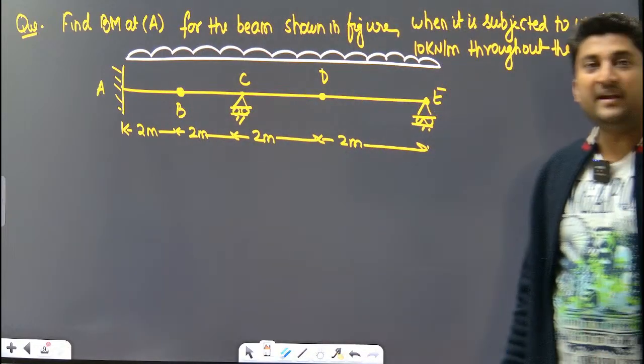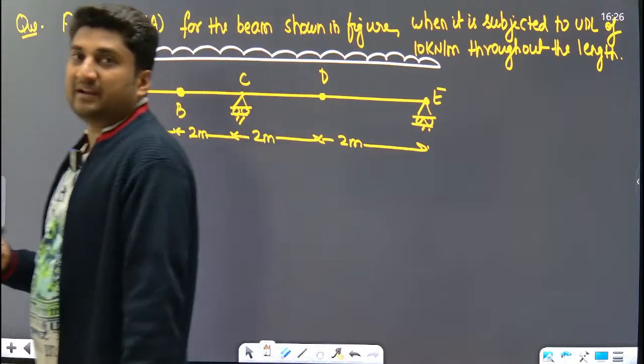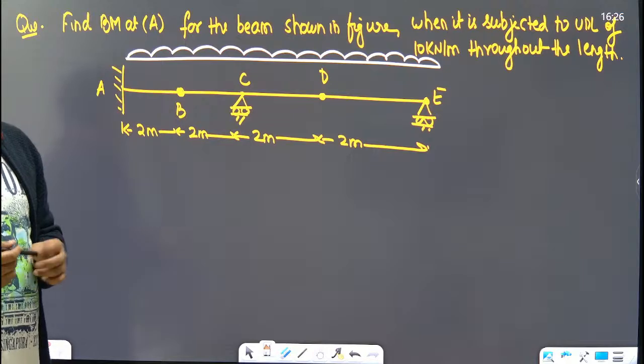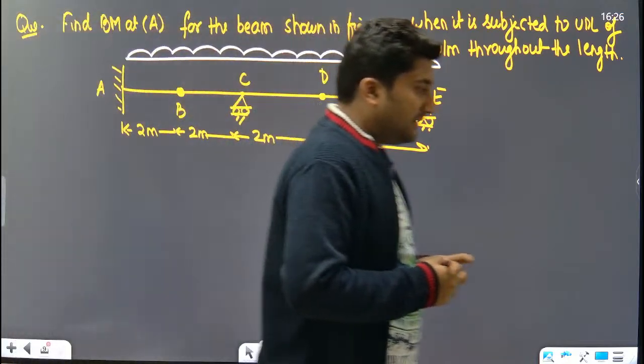If we are able to draw the ILD for bending moment, it is easy for us to find the bending moment at A. Clear, everyone?